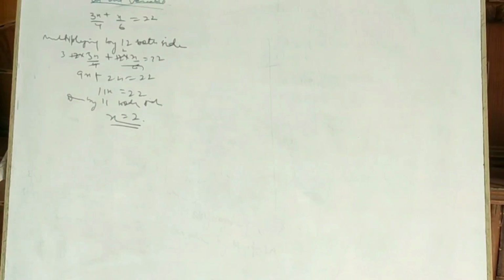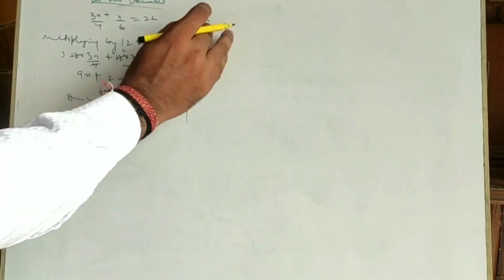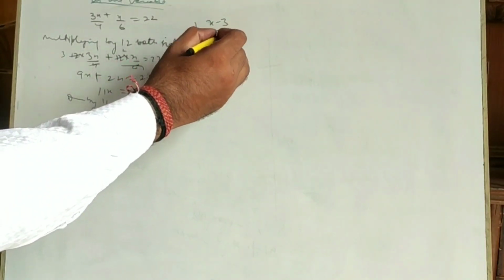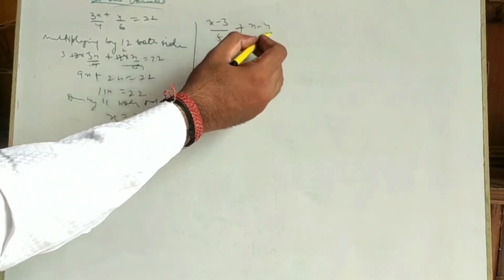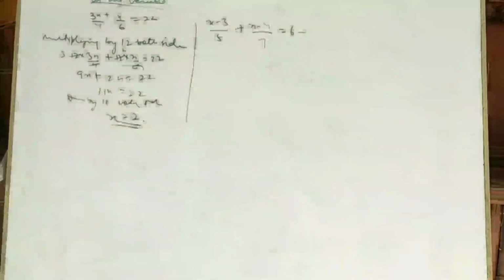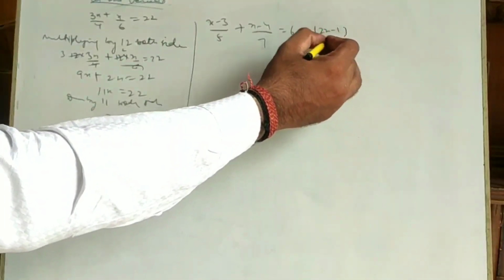Okay. Next is again of the same type. This is (x minus 3) divided by 5 plus (x minus 4) divided by 7 is equal to 6 minus (2x minus 1) divided by 35.